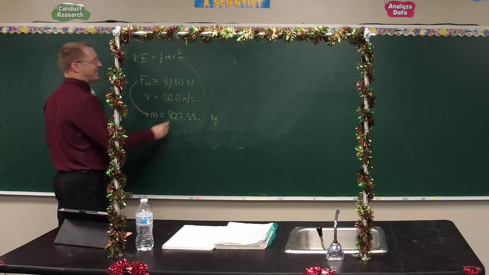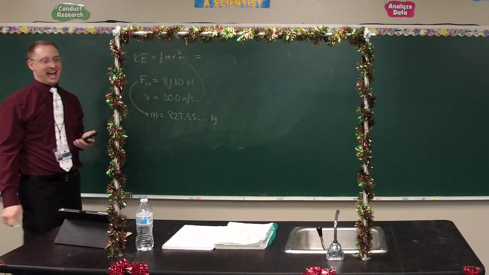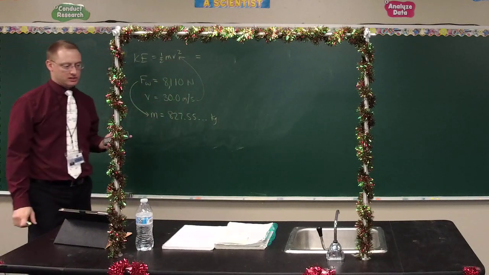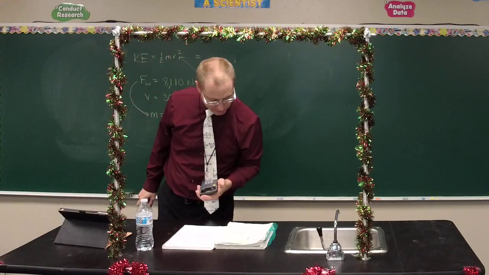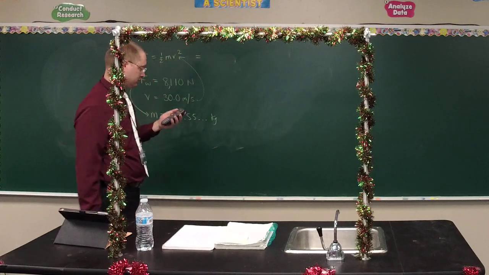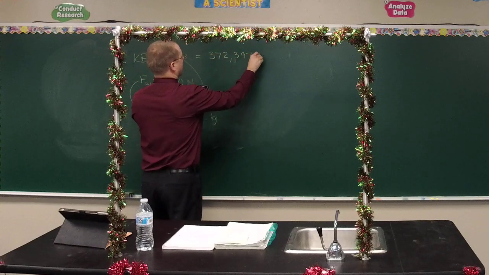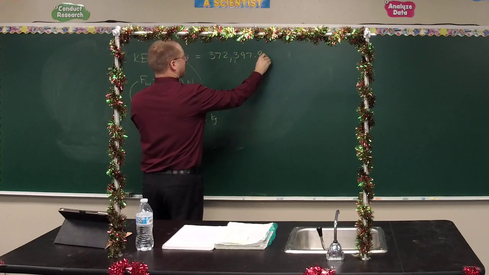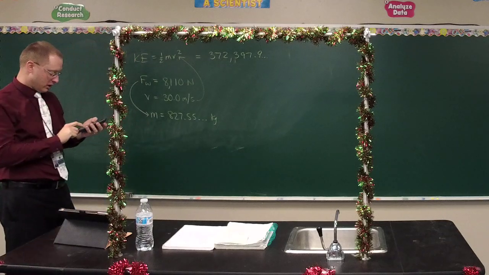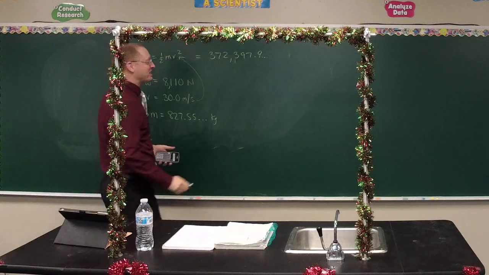And how much kinetic energy does this car have as it races down the road at 65 miles an hour? 0.9, blah, blah, blah, right? Let's go scientific notation, because that's easier. And how many joules of energy?